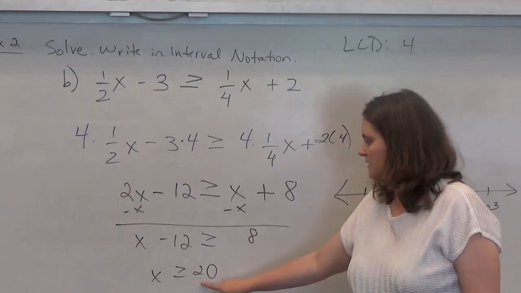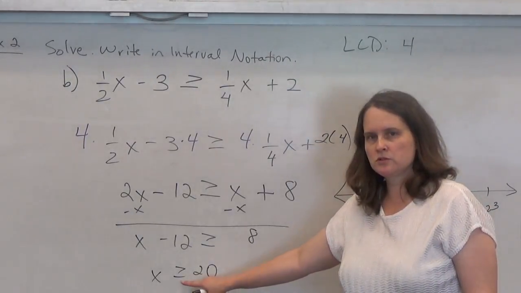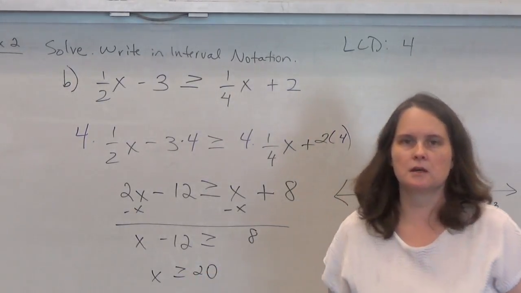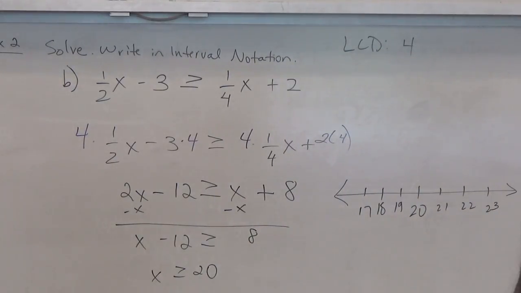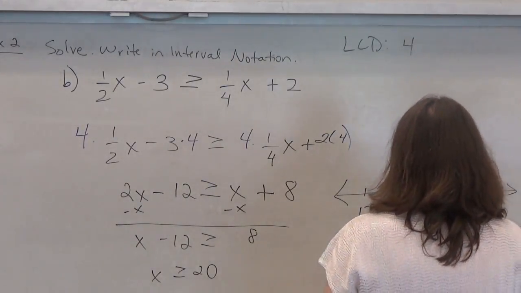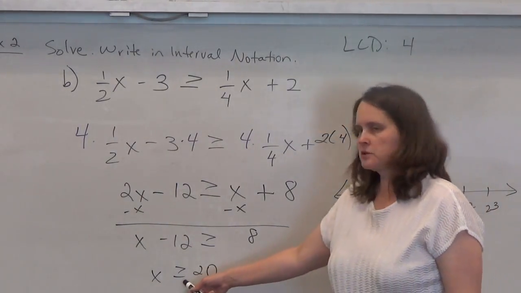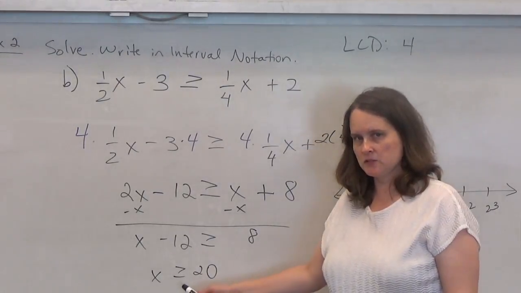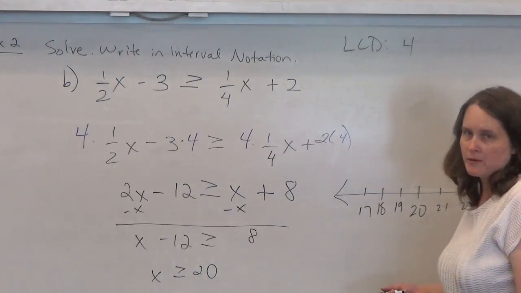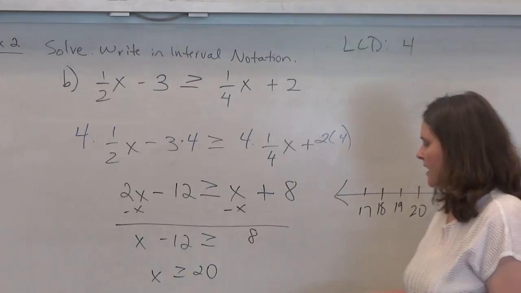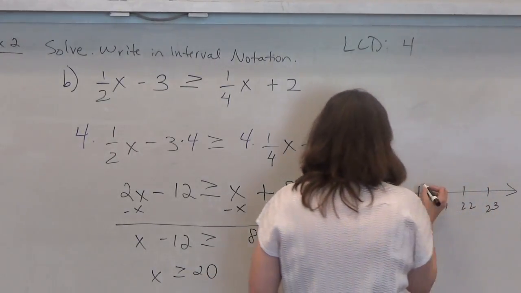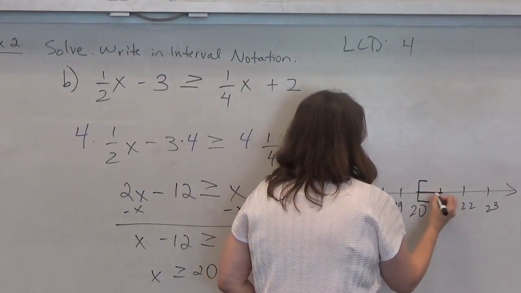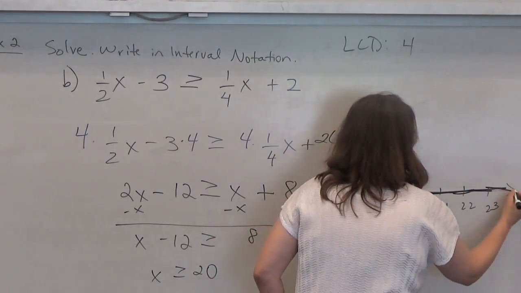I notice that 20 is included, so you could use a closed circle to indicate that 20 is part of the solution. I'm going to use the square bracket. And I'm going to shade everything larger than 20, everything greater than. So I'm going to have a square bracket at 20 and shade everything to the right.